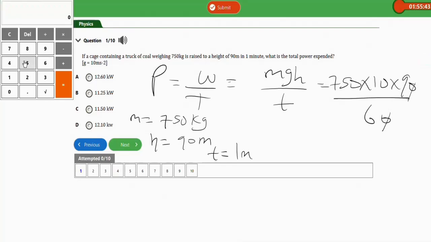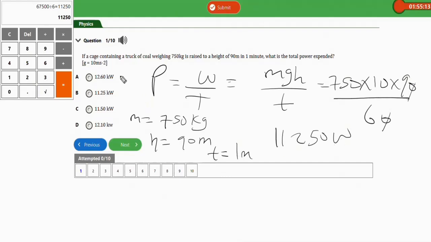So we have 750 times 10 times 9, divided by 6. So we have the result to be 11,250 watts.